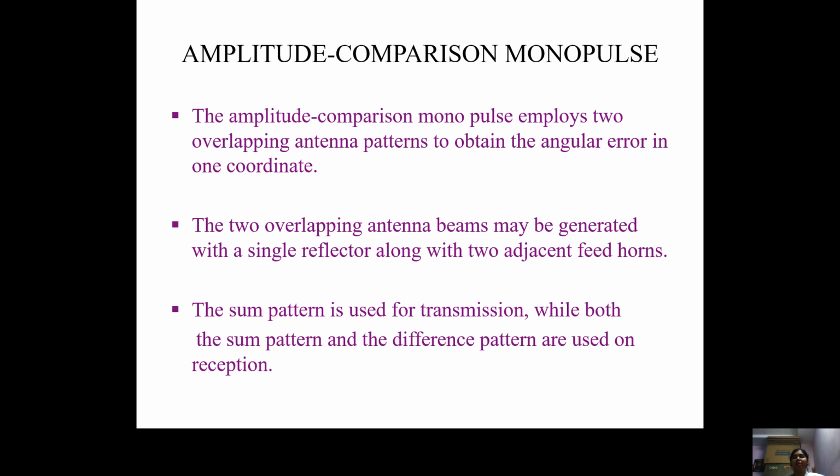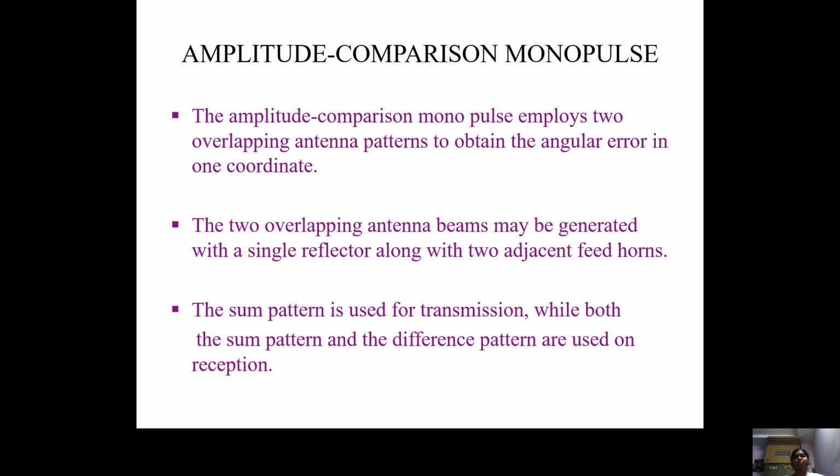This amplitude comparison can be extended to two coordinates also. First we discuss one coordinate, and then we will extend this concept to two coordinates, where both azimuth and elevation errors can be detected.